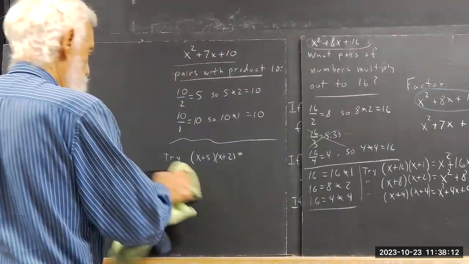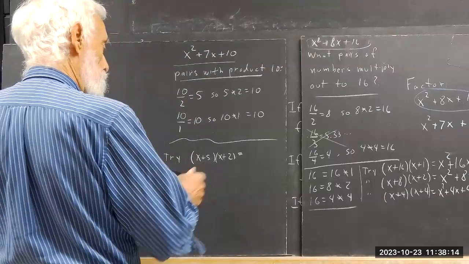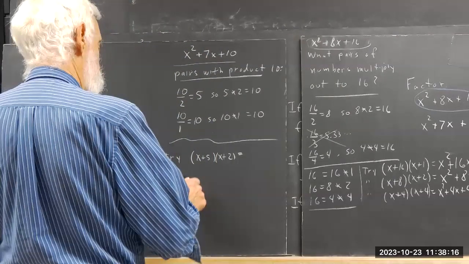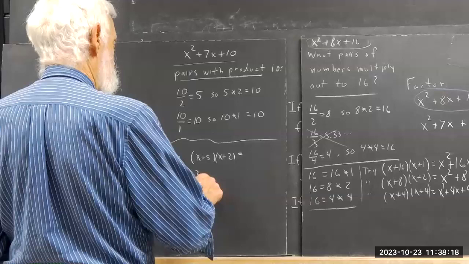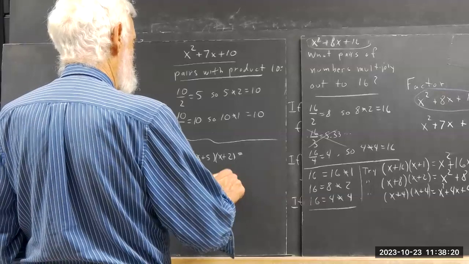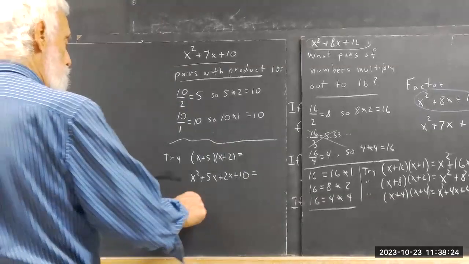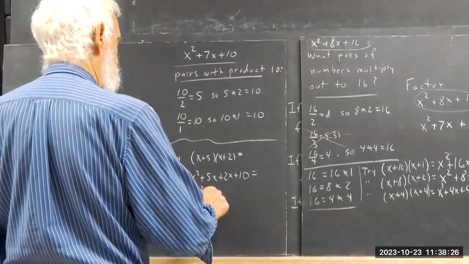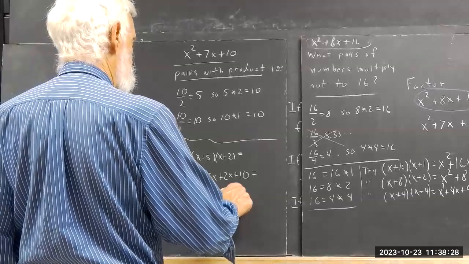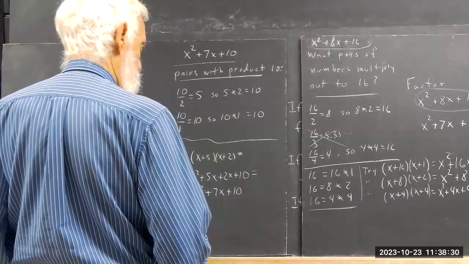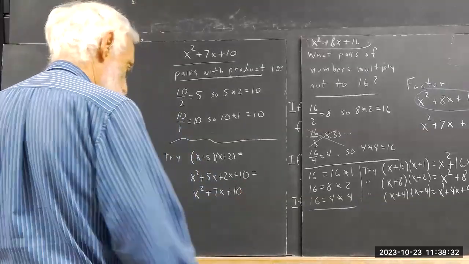So what's that equal? That equals x squared plus 5x plus 2x plus 10. And then we add that up, we get x squared, 5x and 2x gives us 7x plus 10. And look at that. It matches.